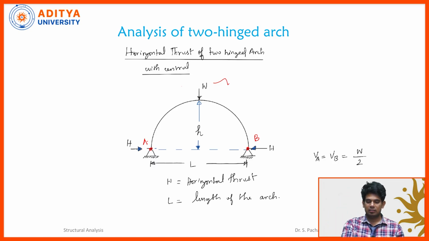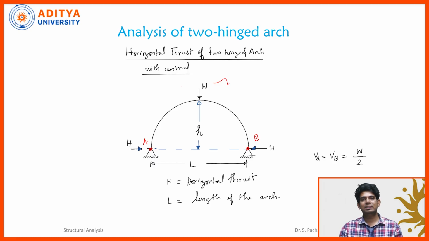The distance between the bottom of the arch and the crown is small h, the height of the arch, and capital H is the horizontal thrust, which we are going to calculate now.